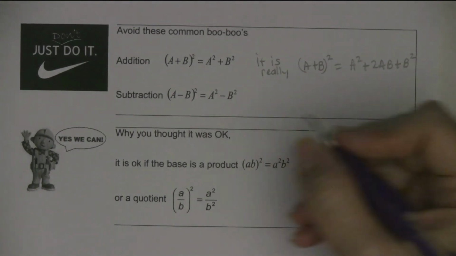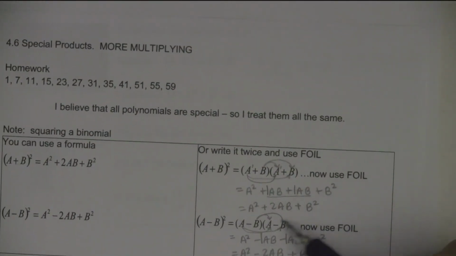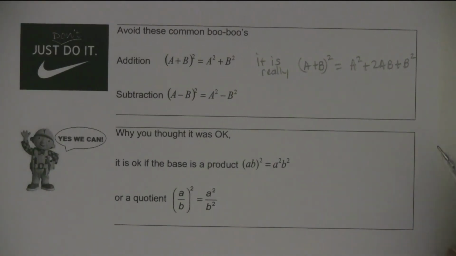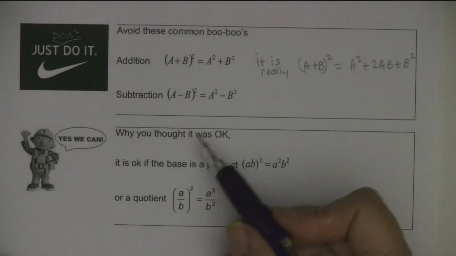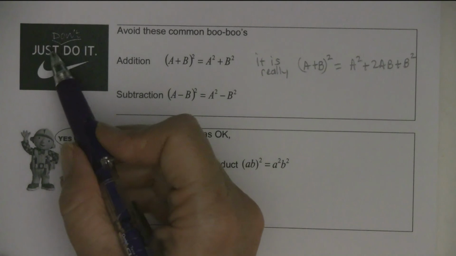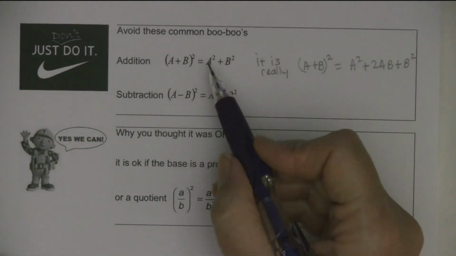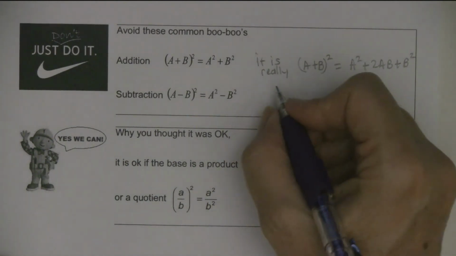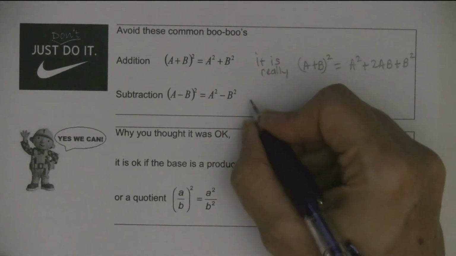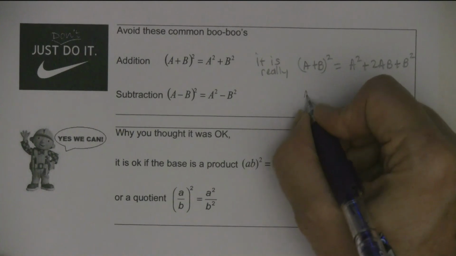And remember, we did that, right? Right here. So if you're remembering, yeah, we did that, right? So that's what it really is. So it's not this. So this is don't do it, is what this is saying. So these are boo-boos to avoid. Don't do this. It is really common for people to do that. And this one, remember what it is really.